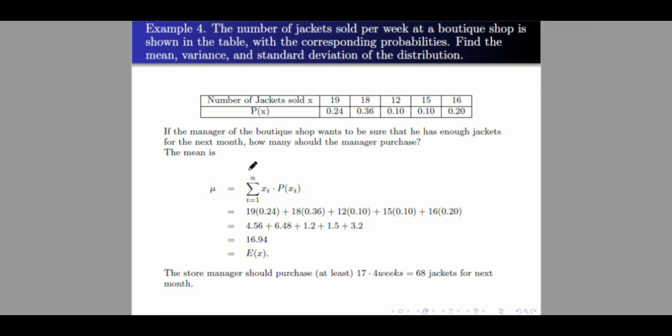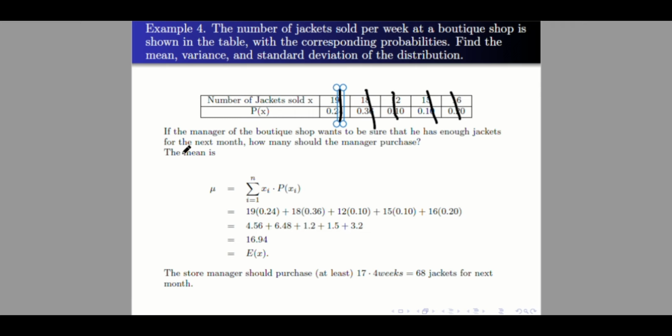So again, we'll use the formula of the mean. Again, you compute the product of each column, multiply, and then you add. The result is 16.94. So approximately 17 jackets in a week, because the table is in a week. The data is for a week.